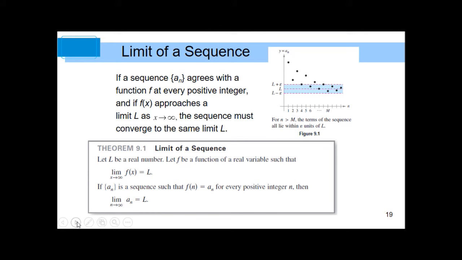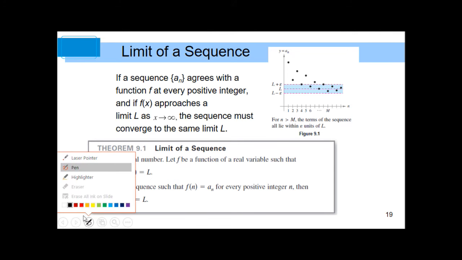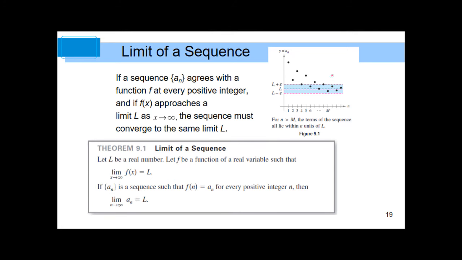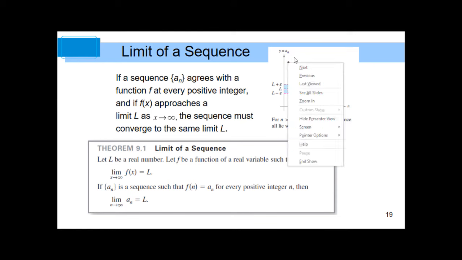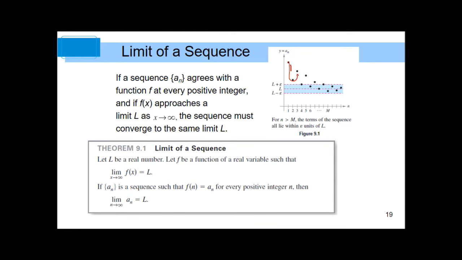But as it turns out, say we had some function that graphed something like this. I'm supposed to be hitting those dots though, and I'm not. Hold on. Okay, so we have this function, and each of the terms in my sequence actually hits that function.